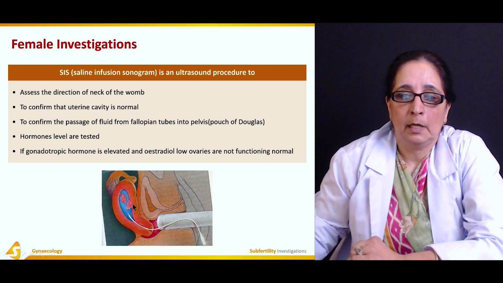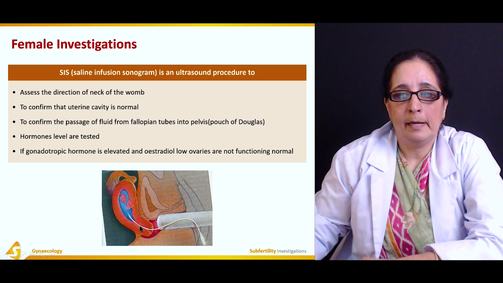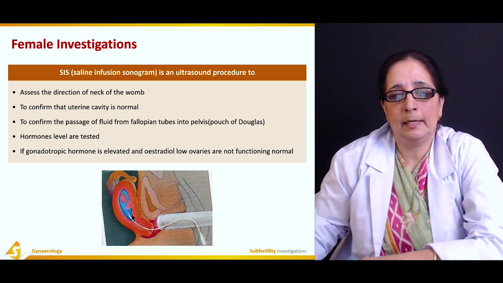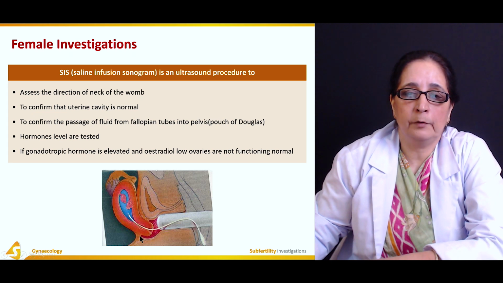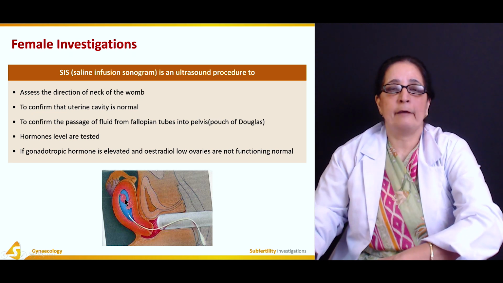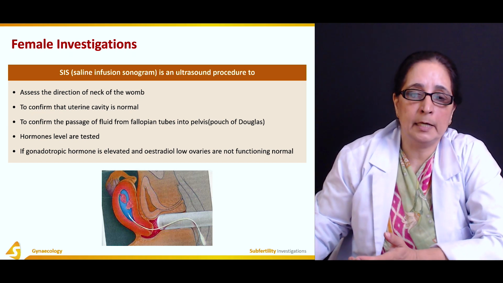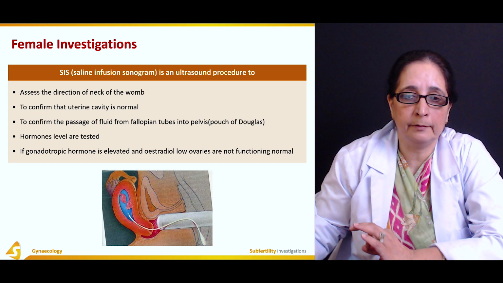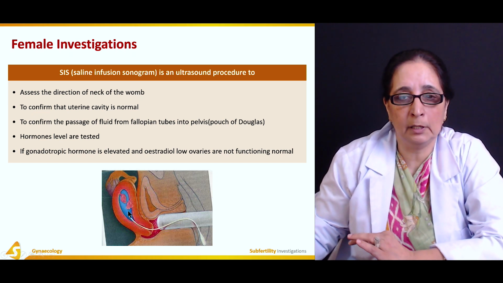So SIS is done to find out the direction of the neck of the uterus. It also confirms the cavity, if the cavity of the uterus is normal, if there is any problem, if the size is defective, if there are any growths, if there is any septum in the uterus.